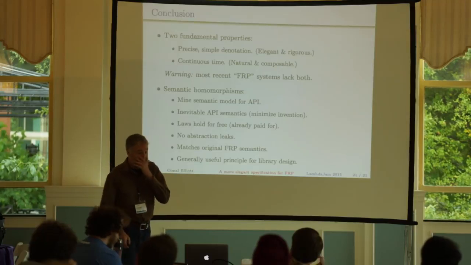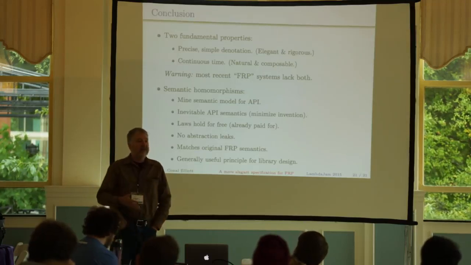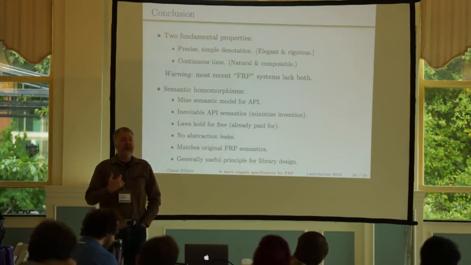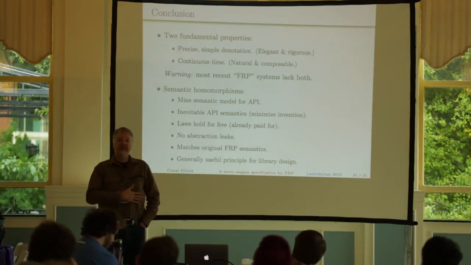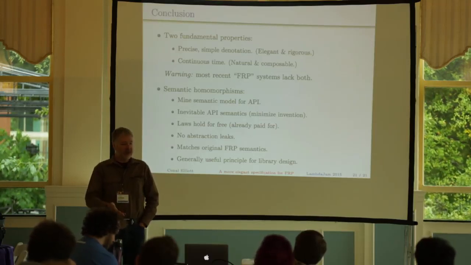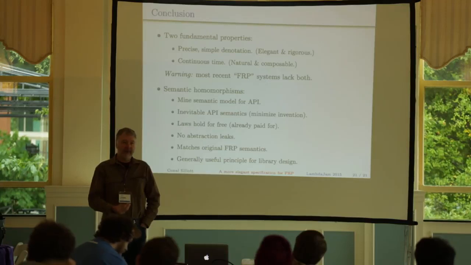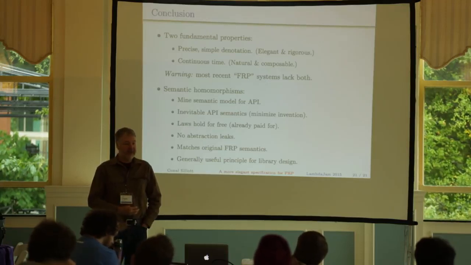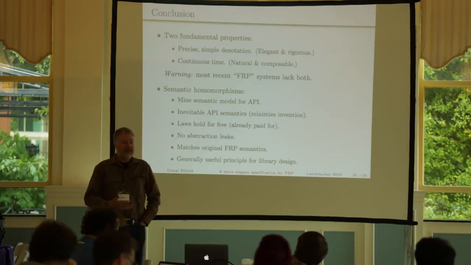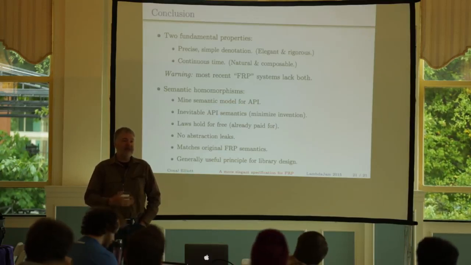All right, so here's the conclusion. As I mentioned, FRP is really about two things. Having a precise, simple denotation, which I encourage you to do every time you do library design, and then, in particular, continuous time as the germ idea. And then what I've talked about briefly here is this idea of using semantic homomorphisms as a specification.